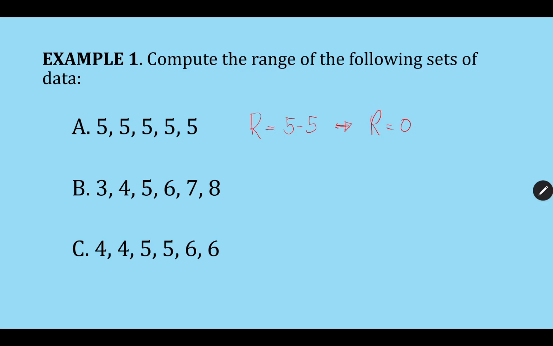For the second set, the range would be the highest value, 8, minus the lowest value, 3, giving us a range of 5. For the third set, the range is 6 minus the lowest value of 4, giving us a range of 2. So it's very simple.